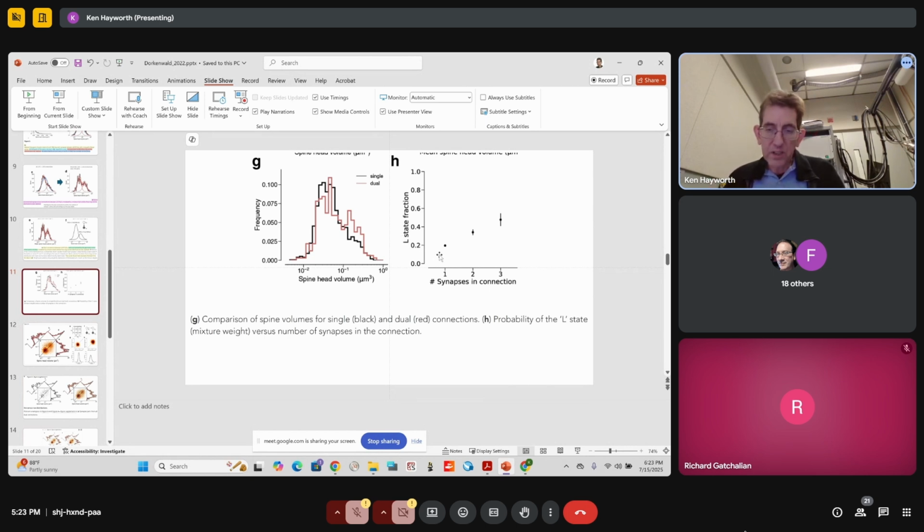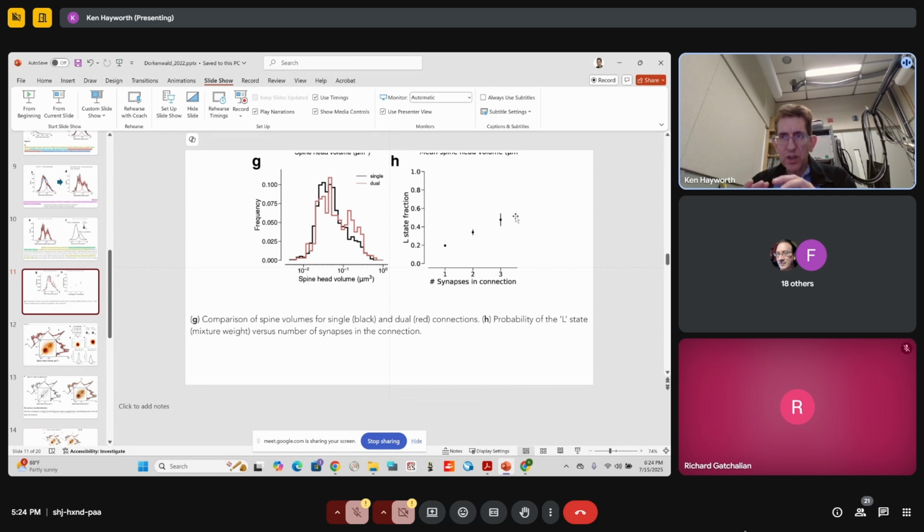And that's what they find. They find that as you have a larger number of synapses between these two cells from A to B, the likelihood that they're large synapses goes up. I think this is just to step back for a second.